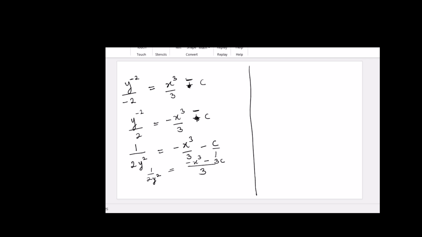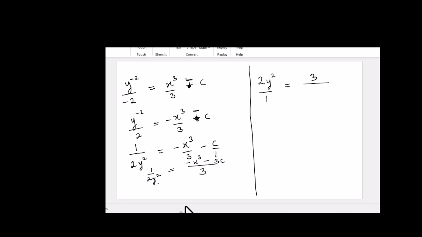And we want to get our answer in terms of y. That's what we're trying to do. So you want to bring 2y squared to be the numerator and 1 to be the denominator. So you have 2y squared over 1 equals what?